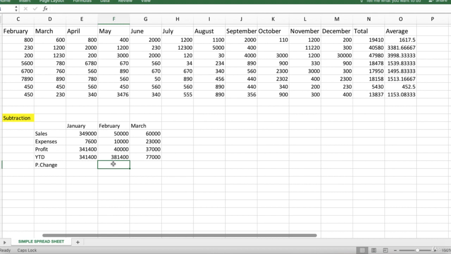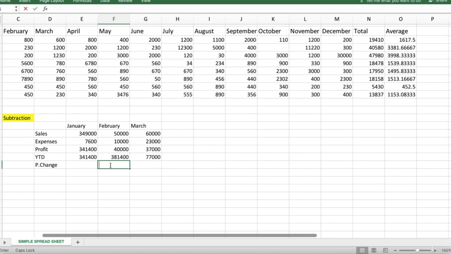Many times you have to calculate the percentage change of the profit. If we want to know how much the profit changes, we have to calculate from these profit figures. The profit for January was this figure, the profit for February was that figure.